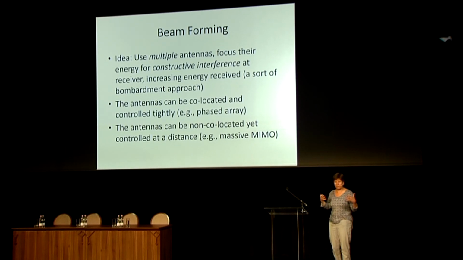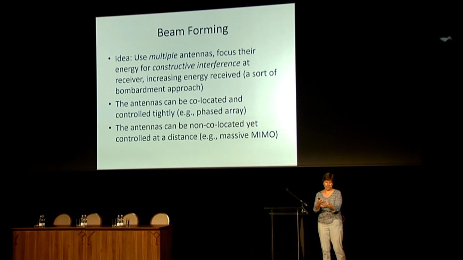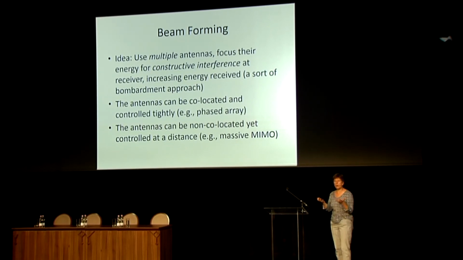And if you get that right, then you get this fantastic event at a receiver, which is you get the combined energy of multiple antennas, but no one antenna has to put out all that much power. So beam forming is the process of essentially getting the antennas phased correctly so that this coincident constructive interference happens.